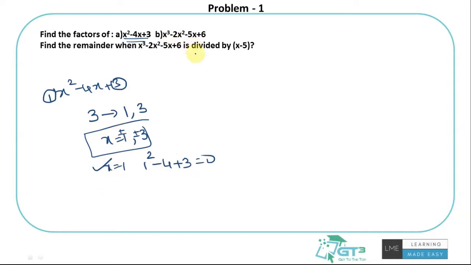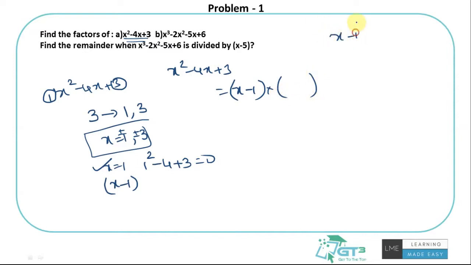So x square minus 4x plus 3 would look like x minus 1, because x equals 1 is the root, times some expression. Now I need to find this out. For this I can use the division concept which I've talked about earlier. x square minus x, minus, plus cancel out; minus 4x plus x is minus 3x, plus 3.